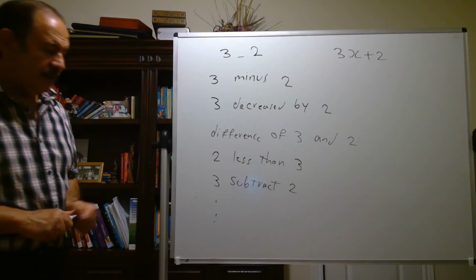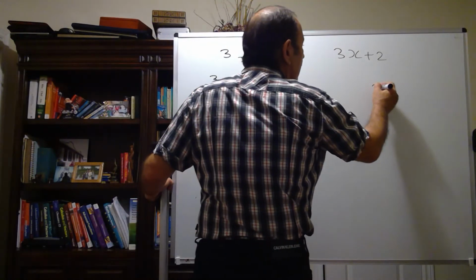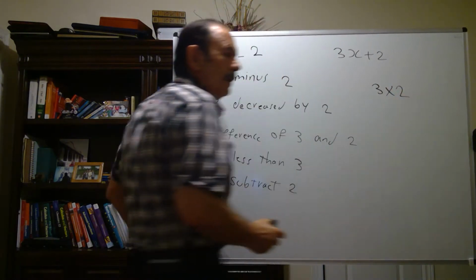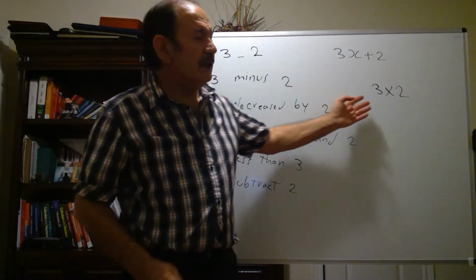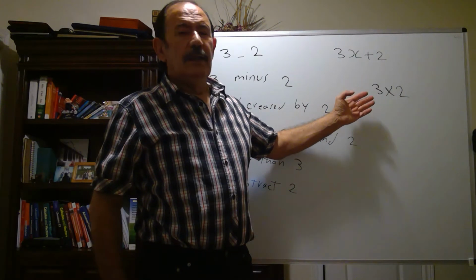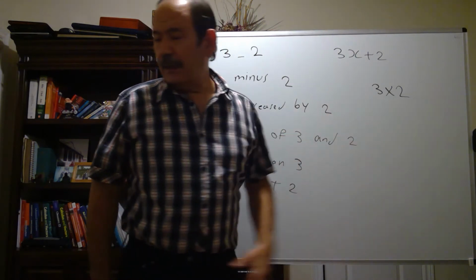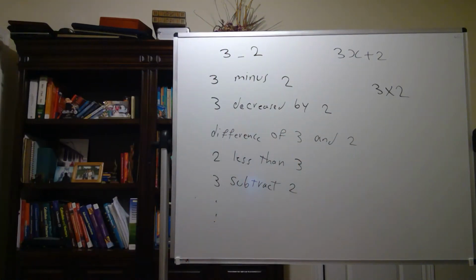For multiplication we have 3 times 2, 3 multiplied by 2. And what else do we have for multiplication?